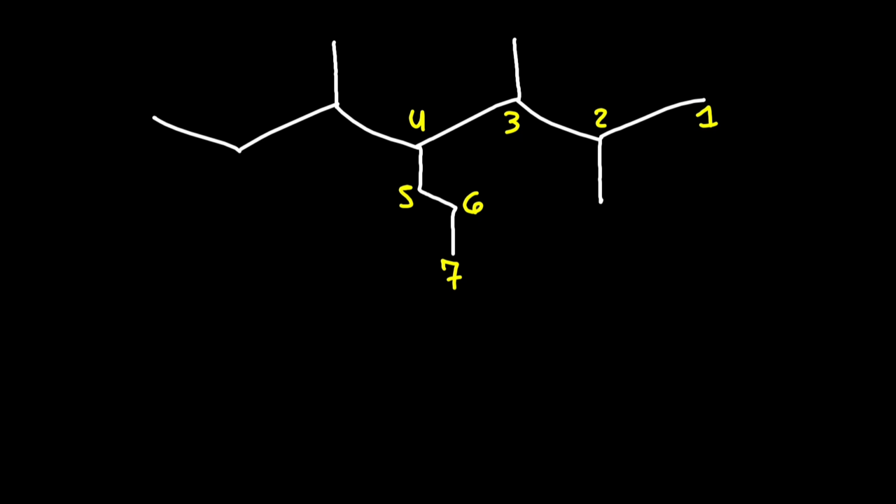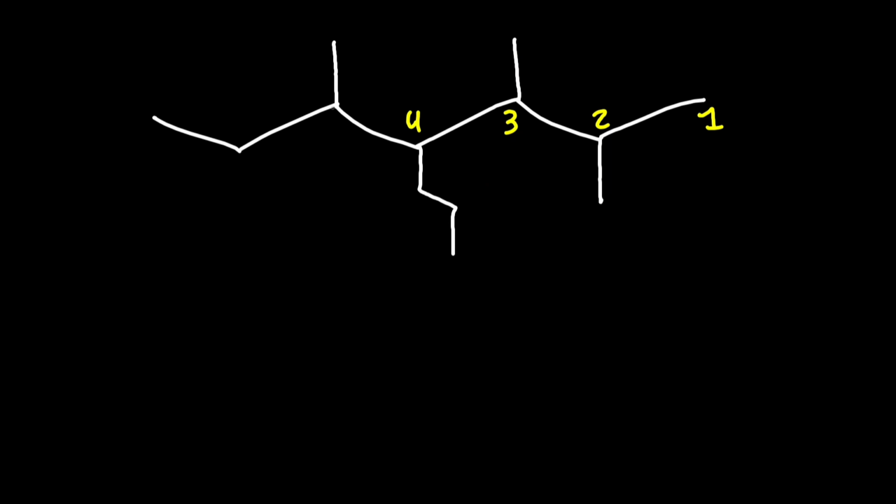So what would you do if you encounter something like this? Whenever you encounter something like that, you must choose the main carbon chain which has the most substituent available to you. So if this would be our main parent chain, we have 3 substituent that are bonded to our main chain.